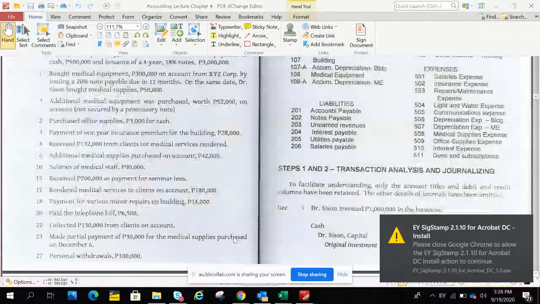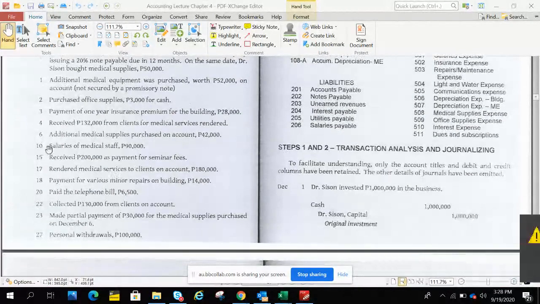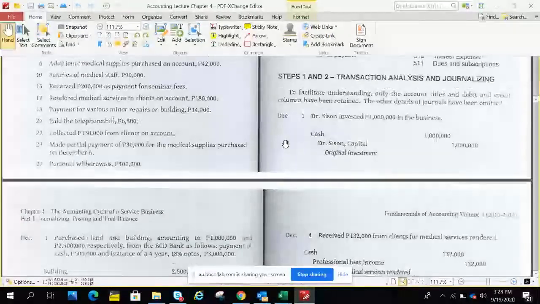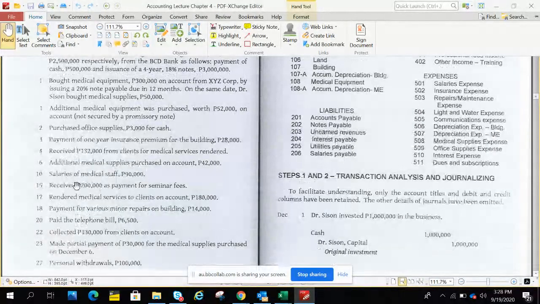Okay? Magkano ulit to? Salaries medical staff? 90,000 pesos. Nagbayad ba siya? Hindi niya sinabi. So, let's assume, ano bang assume na sa book? Nagbayad daw siya. Pero sa exam, i-contest nyo to, hindi pwedeng ganito ka-silent.